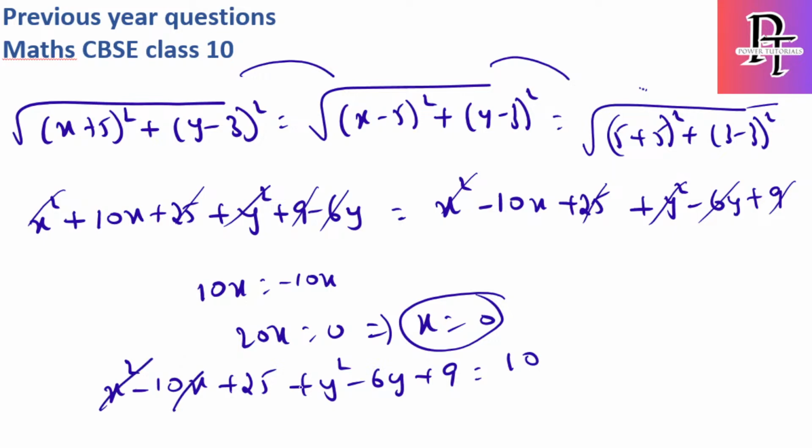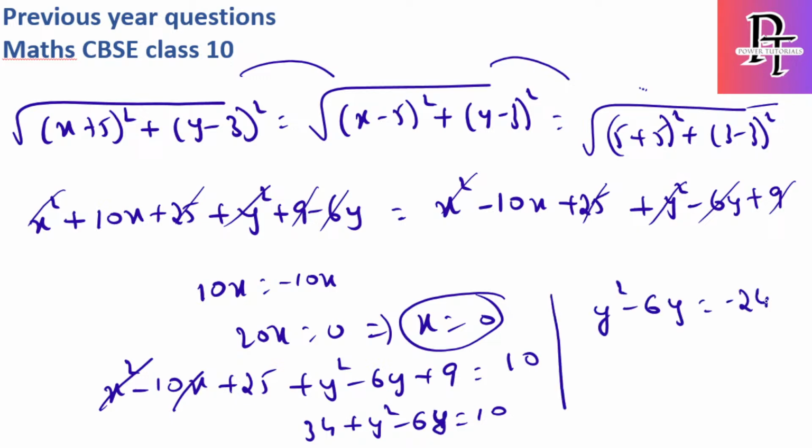So now this becomes 25 plus 9 is 34 plus y square minus 6y is equal to 10, or y square minus 6y is equal to 10 minus 34 is minus 24, or if I move to the left side I will get y square minus 6y plus 24 is equal to 0.